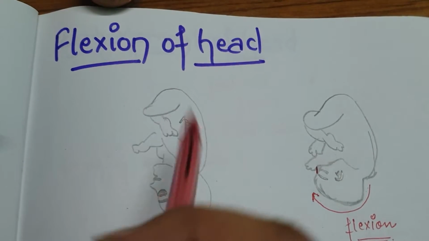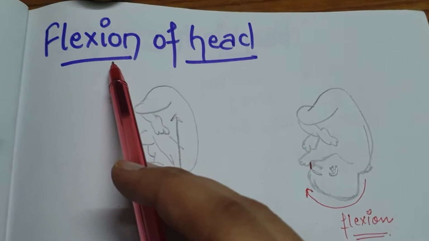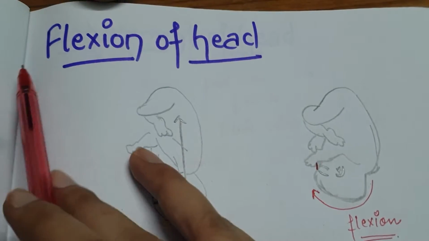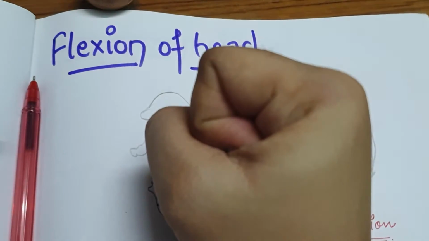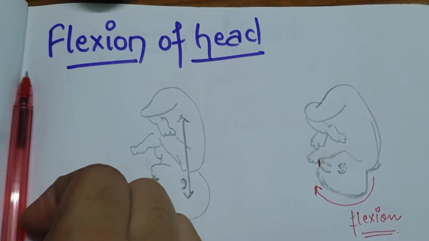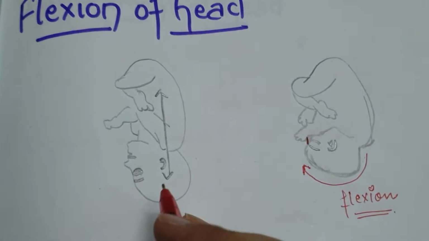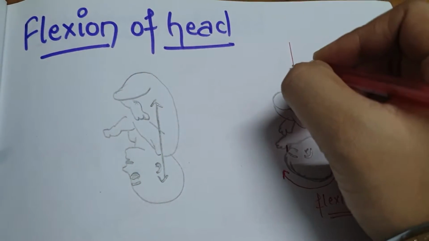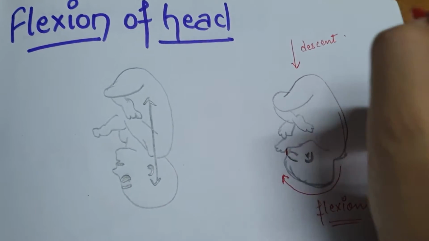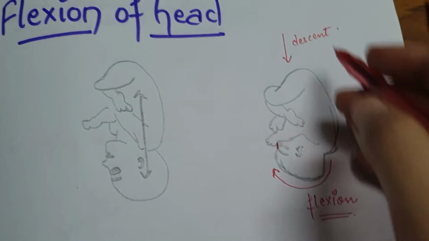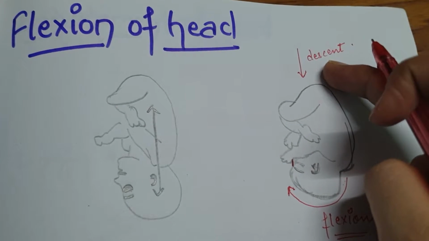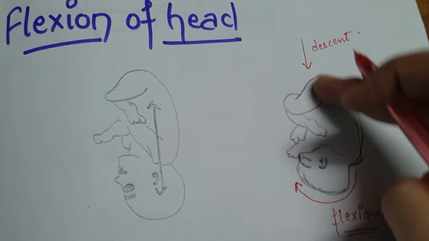So the next step is flexion of the head. The term flexion I already discussed: when the angle between two body parts decreases. For example, this is flexion, this is extension. Due to the continuous descent, due to uterine contraction and bear down efforts, the baby is continuously pushed downward.